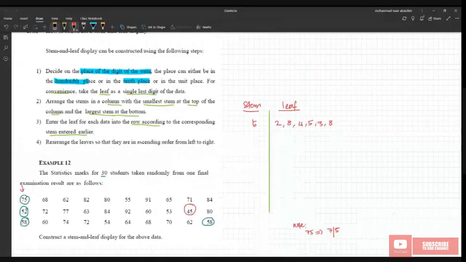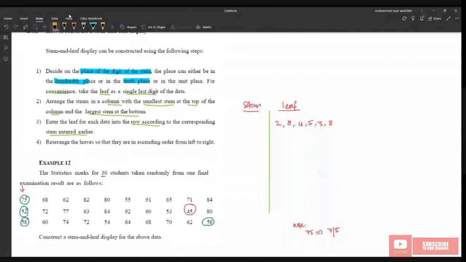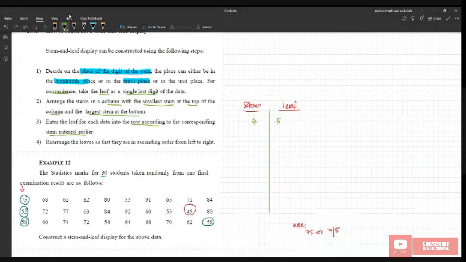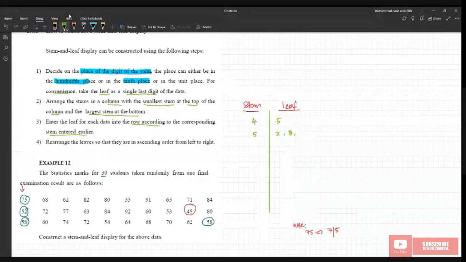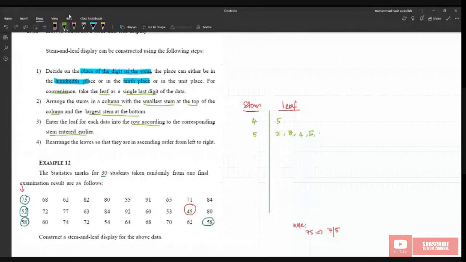Let me clear this one first. We have 4 and 5, 45 only one, right? And then we follow by 5, 2, 8, and then we have 4, 54, 55, 53, and 58. Is it?